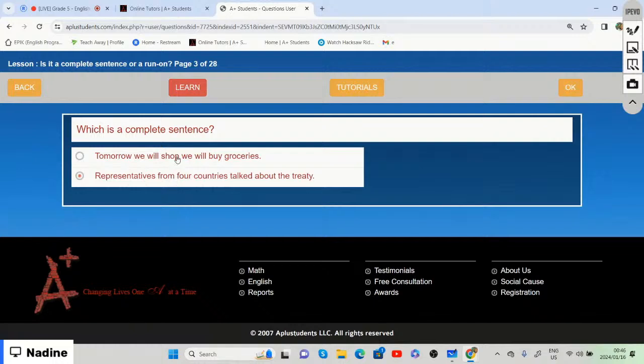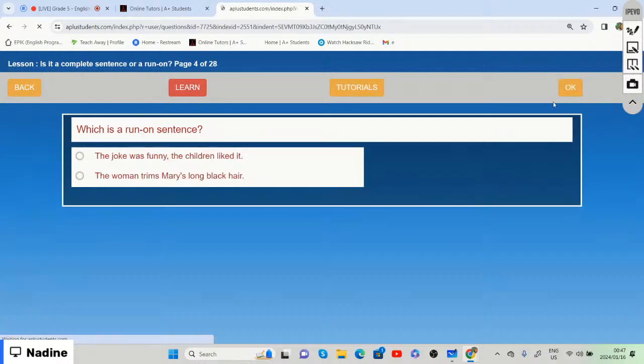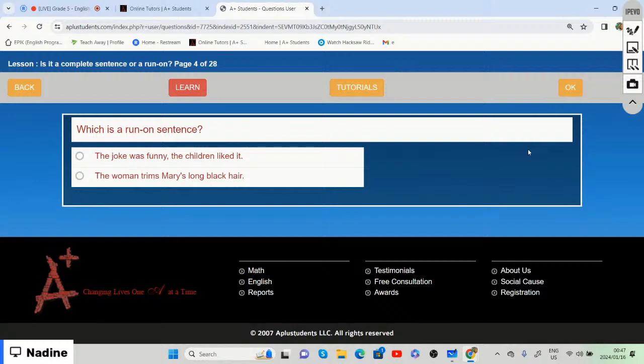Because remember, the complete sentence has a subject as well as a verb, whereas a run-on sentence is two sentences that are joined by no end punctuation. And yes, the second one is correct because the second one has both a subject as well as a verb.